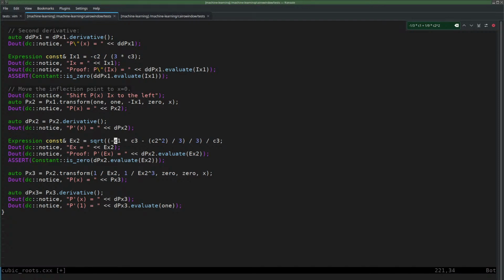Add the minus here. And toggle this minus. And then just let's subtract C1 times C3 here. So I can get rid of this. I probably should leave it like this.